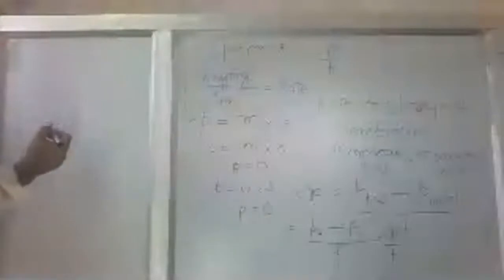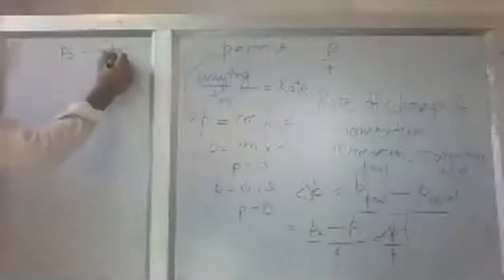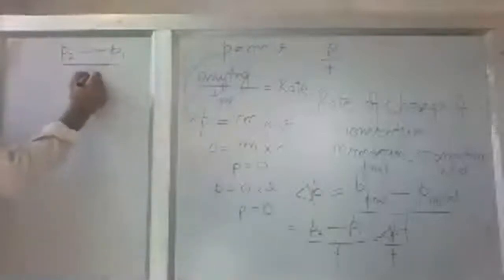Now friends, look at it carefully. If this is delta P upon T, put the value P2 minus P1. That is final momentum minus initial momentum divided by time. It means momentum rate.